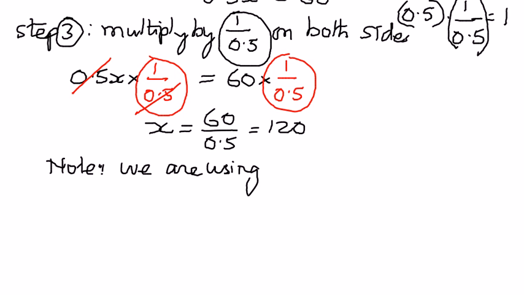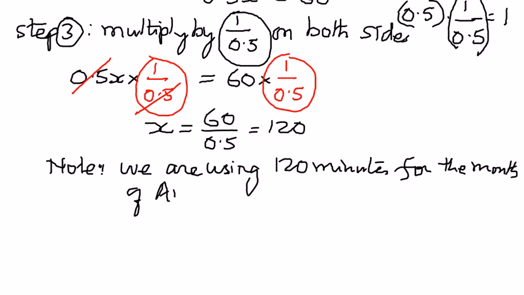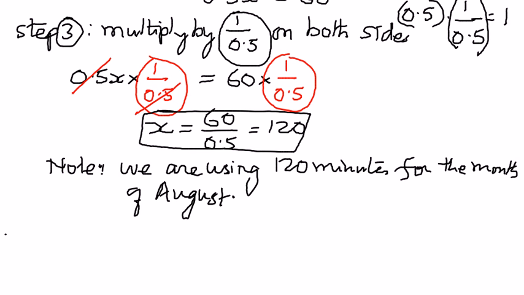Okay, so that's the way we can figure it out. We have used the addition property, and we have used the multiplication property to be able to arrive at the answer. So we got the answer as x equals 120.